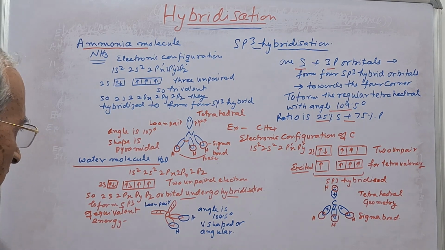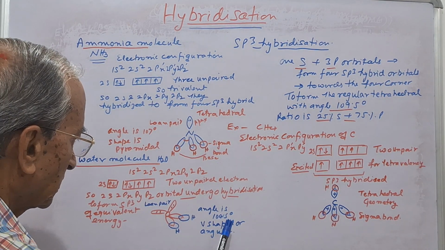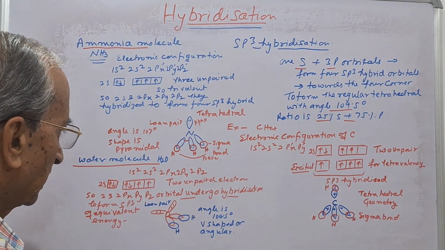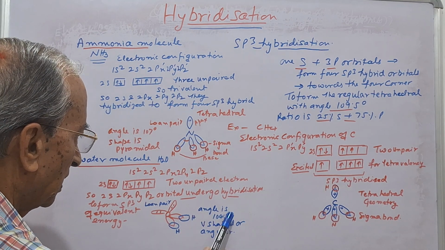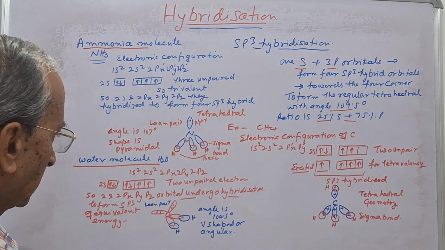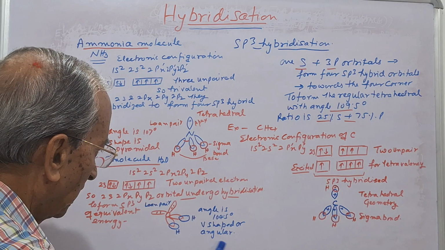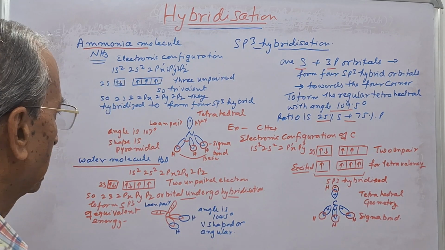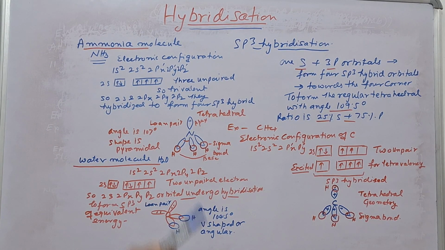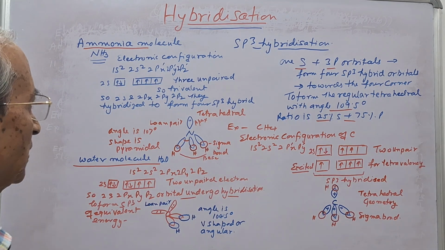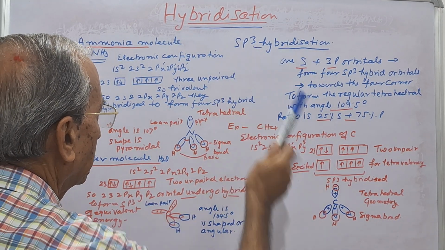So again the angle decreases to 104.5 degrees. That is the hydrogen-oxygen-hydrogen angle is 104.5, and the shape becomes V shape, or angular shape. So these are the examples which I explained today for sp3 hybridization.